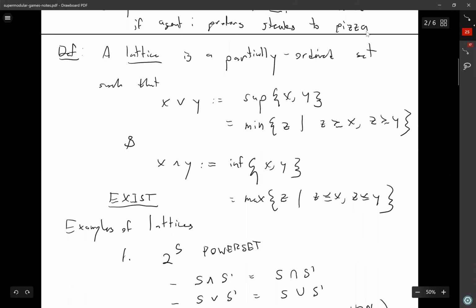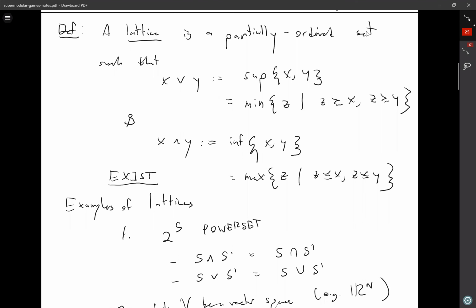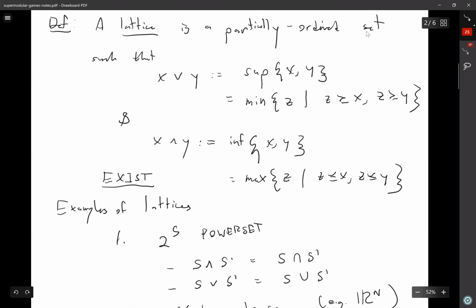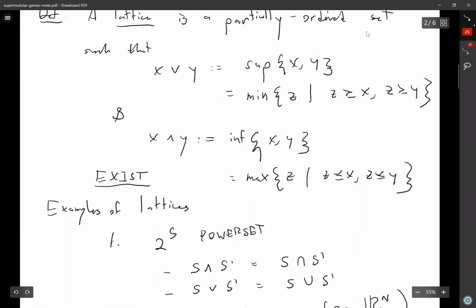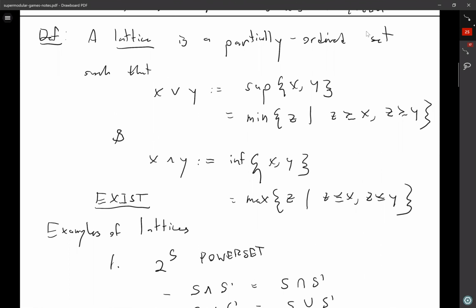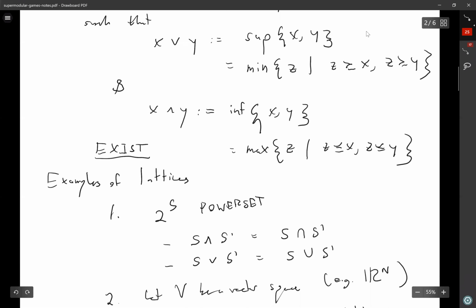So here we have a notion of a lattice, which is a special kind of partially ordered set. It's a partially ordered set such that for any two elements in the set, we have a least upper bound, called the sup of those elements, and a greatest lower bound, also known as the inf.